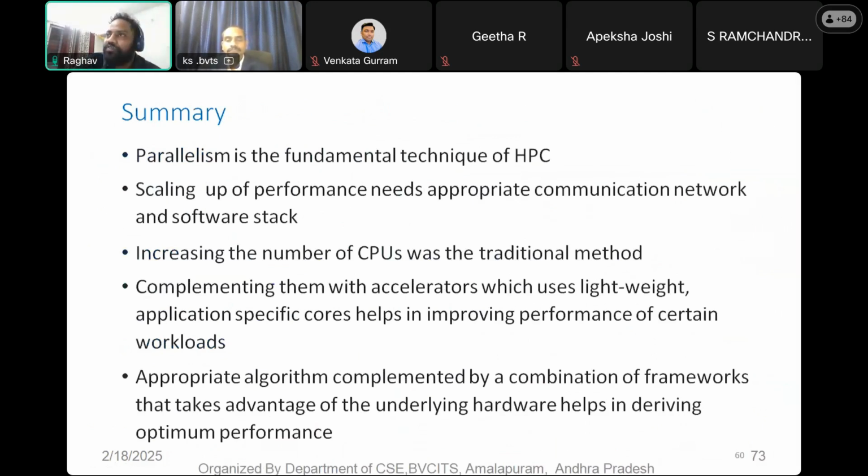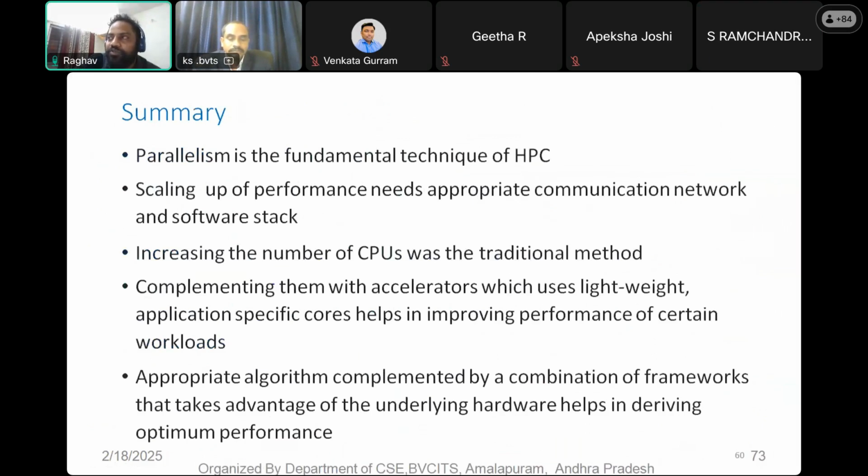Parallelism is a fundamental technique of HPC. Scaling up performance needs appropriate communication networks and software stacks, which essentially means that it's not only computation but also interchange of information between different computing components, so the networks have to support it and be timed appropriately.